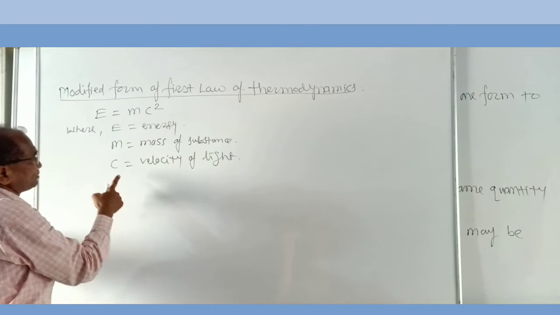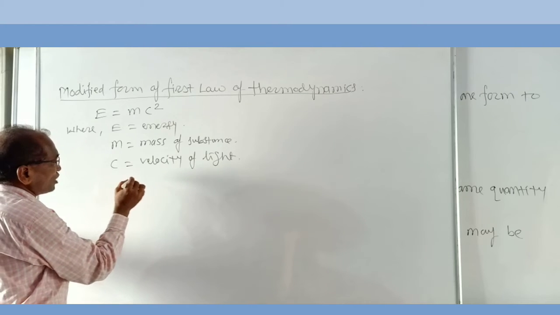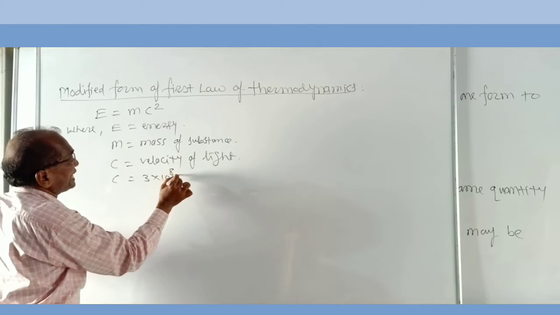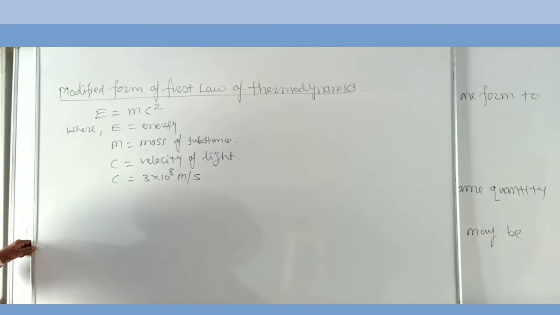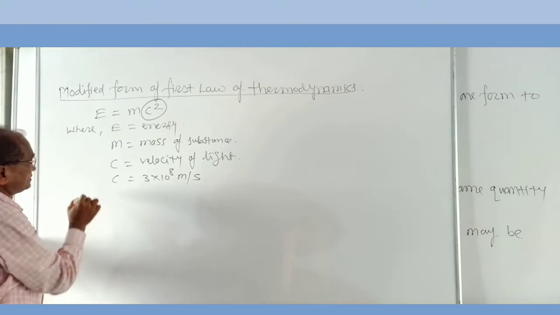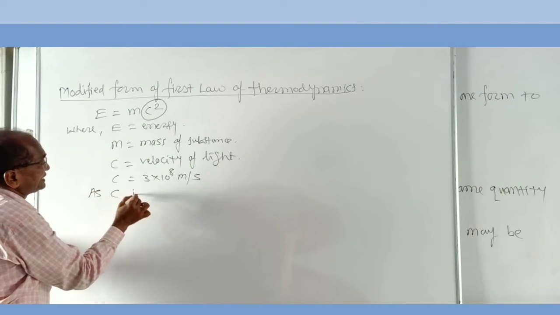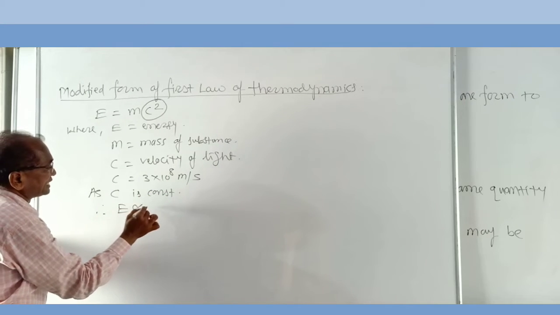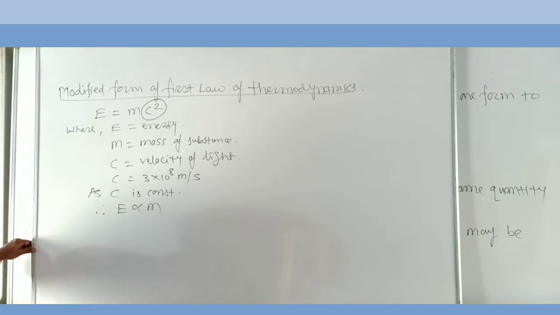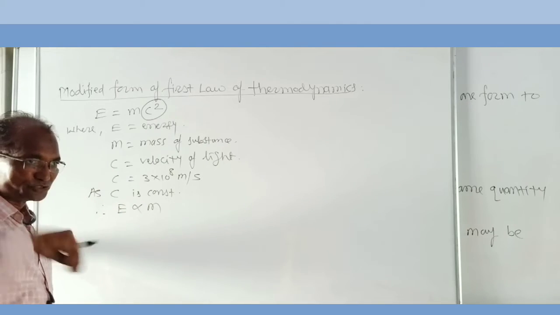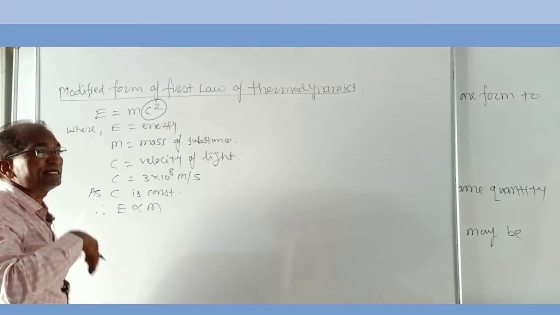This velocity of light always remains constant, and its value is 3 into 10 to the power 8 meter per second, or 3 into 10 to the power 10 centimeter per second. And since c is constant, E is directly proportional to mass. It means that mass consumed, energy evolved.